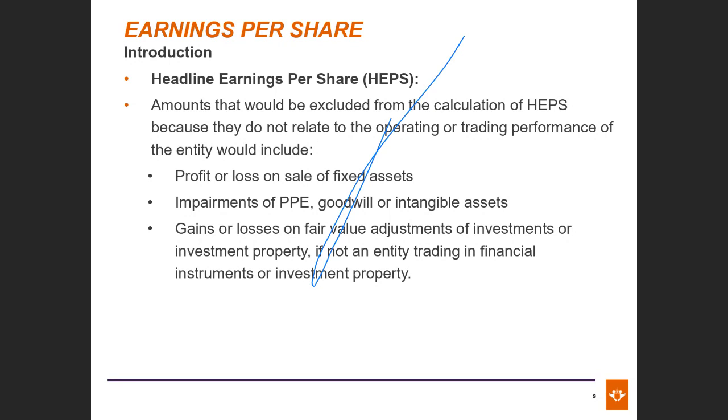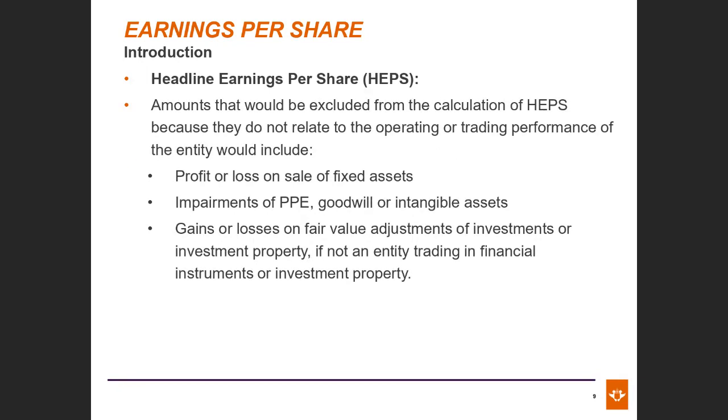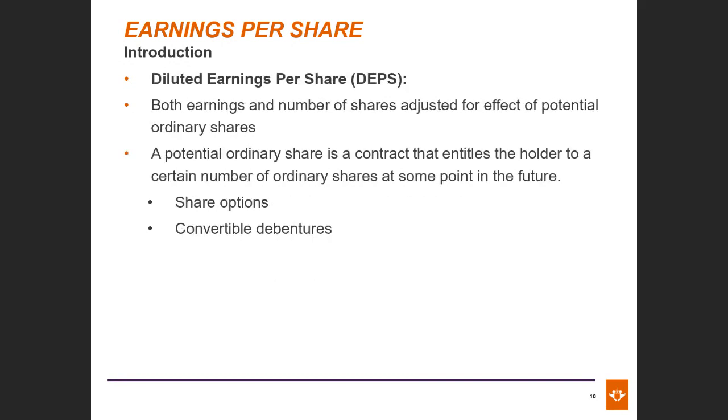Okay. So that is how you calculate the headline earnings per share. Like I mentioned, we are going to be focusing on basic earnings per share, okay? So we will go through briefly how to calculate headline earnings per share and how it is different to basic earnings per share, but we are going to be going in detail into the calculation of basic earnings per share.